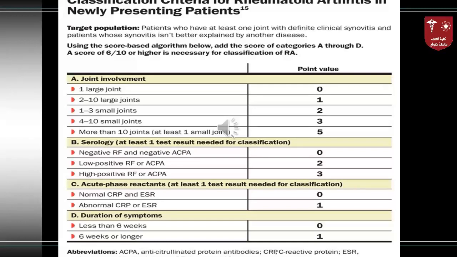So you can collect the items, and if you get 6/10 or more, you can classify the patient as rheumatoid arthritis. Of course, you are not requested to memorize all of this, but to have the idea of how we diagnose rheumatoid arthritis.